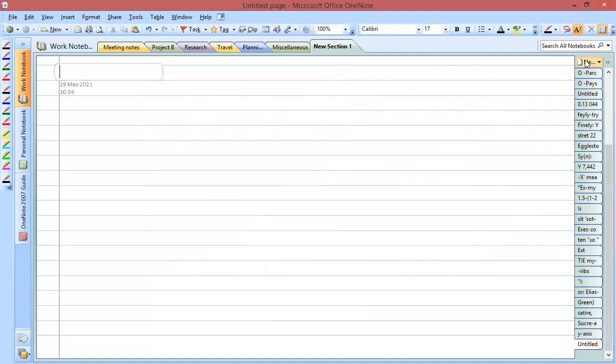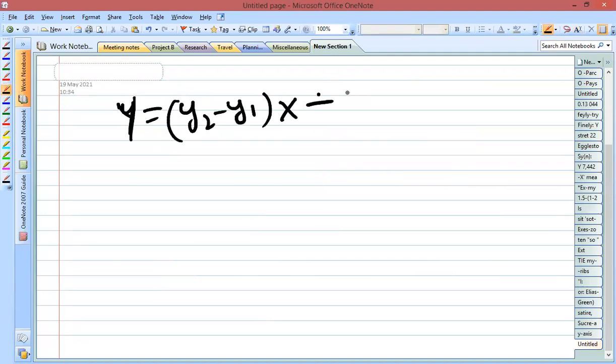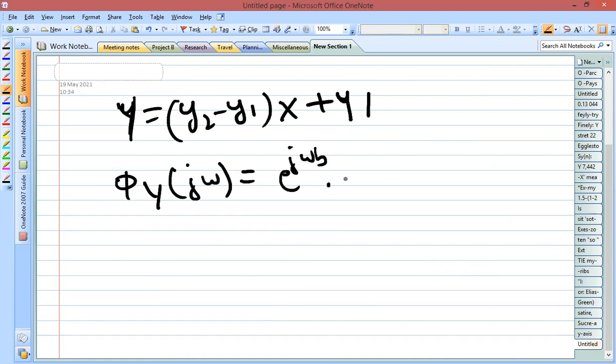Here we are given a transformation function capital Y is equal to (y2 minus y1) into x plus y1. Now we will see how to calculate the characteristic function phi y of j omega, right? We have seen that it is expressed in terms of e to the power j omega b into phi x of j omega a.